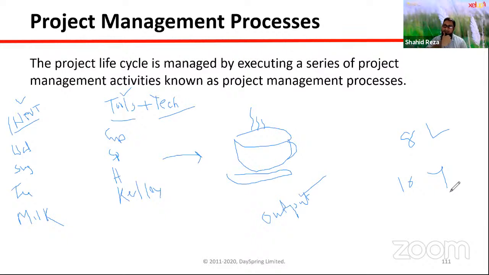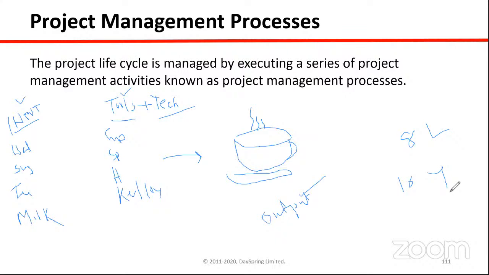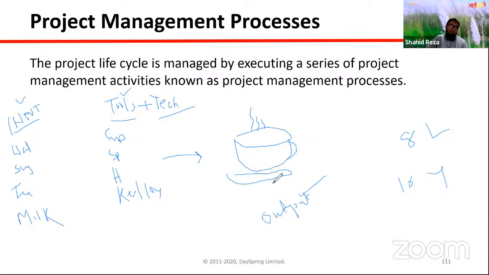Do you know the technique? No, sir. So actually what happens? They are using the same inputs, same tools, but they are using some technique. That's why they can make 8-layer or 10-layer teas. All right. So technique is also very important to get the exact output.